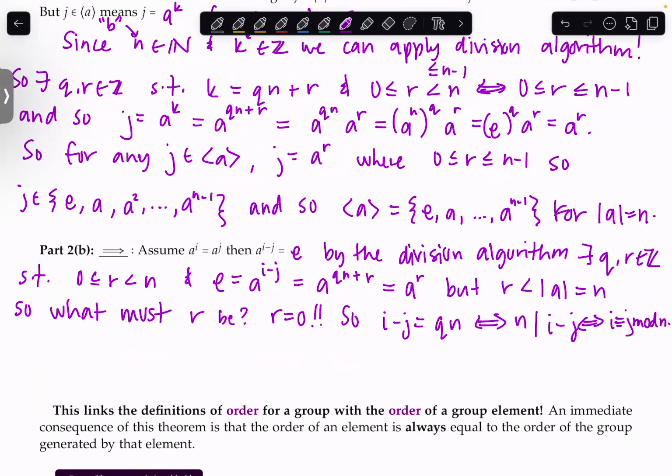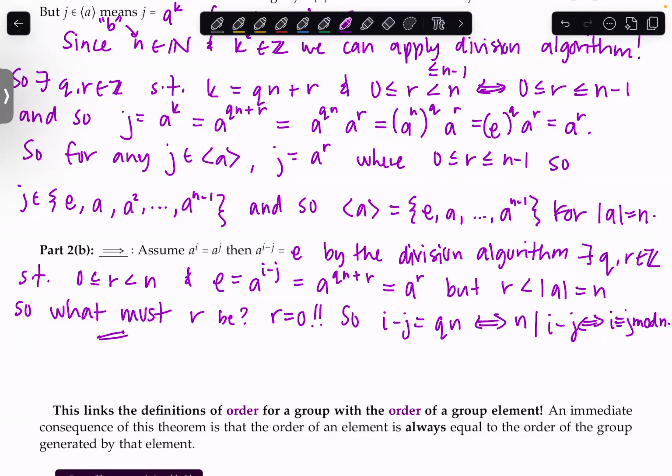Right, so this is saying if I have a to 2 different powers and they're equal to each other, that can only happen when the powers are equivalent mod n, where n is the order of the element, my generator here.